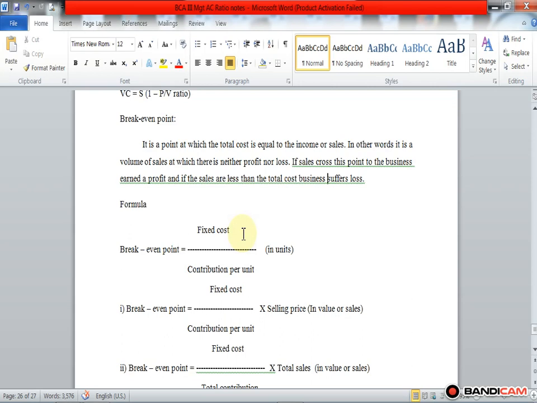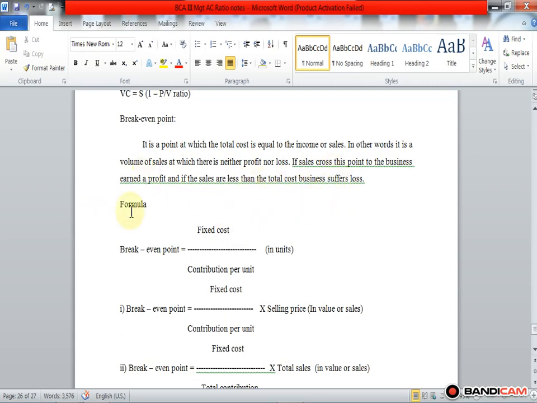And if the sales do not exceed the total cost, then the business organization or concern suffers a loss or incurs losses in the business.